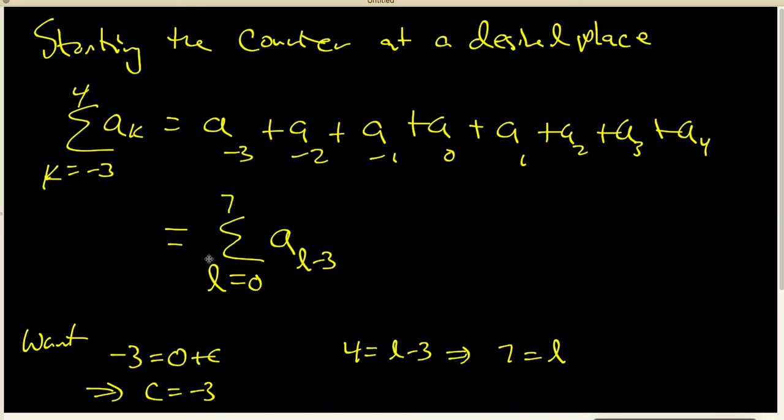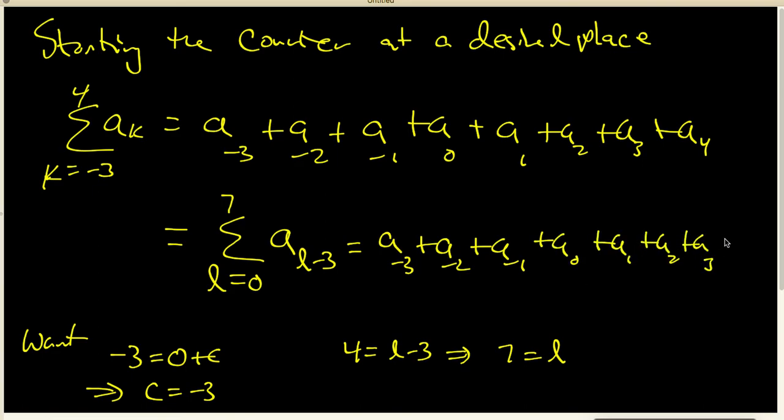When I look at this particular sum and plug things in, I will get a sum that starts at a_{-3}, and then goes to a_{-2} and a_{-1}, then a0, and then a1, a2, a3, and a4, and we're going to stop at a4 because at that point we will have reached L equal to 7.